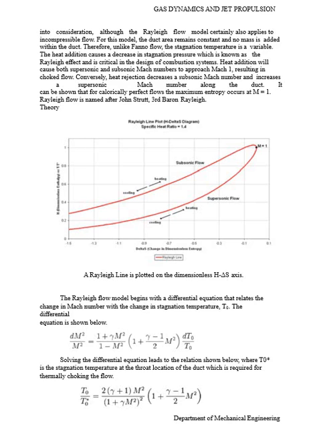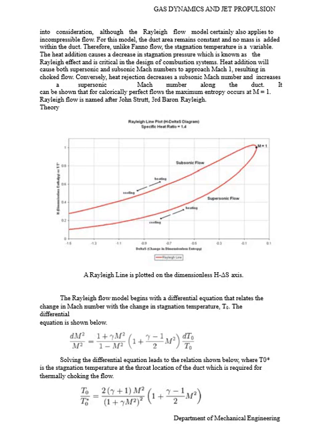The Rayleigh flow model begins with a differential equation that relates the change in Mach number with changes in stagnation temperature T0. The differential equation is shown below. dM square divided by M square is equal to (1 plus gamma M square) divided by (1 minus M square) into (1 plus (gamma minus 1) divided by 2 M square) dT0 divided by T0.